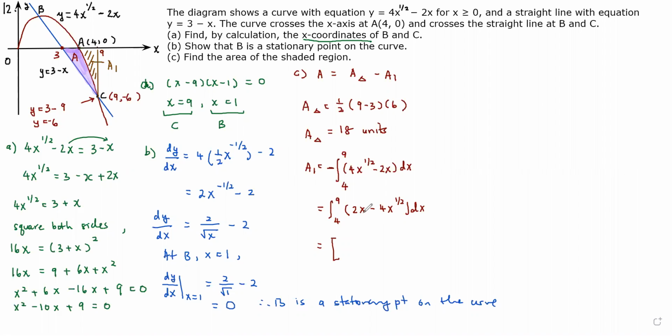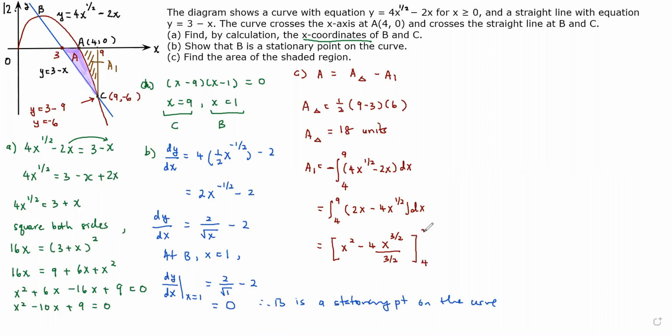Upon integration, when we integrate 2x, we have 2x squared over 2, which is x squared. And then for x to the 1/2, we add 1 and have x to the 3 over 2, then we must divide by 3 over 2.